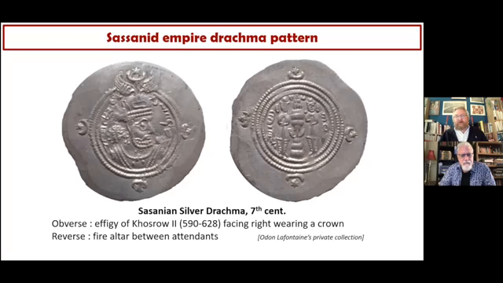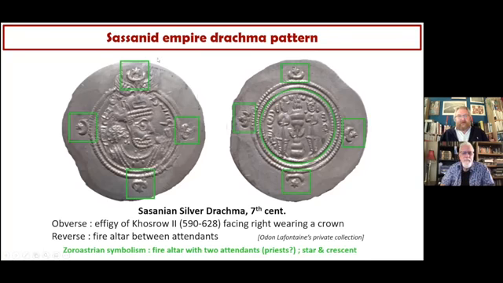And we see a very classical Sassanid Empire pattern that we will see thereafter, with a lot of Zoroastrian symbolics. We can see here, for example, the star and the crescent. The star and the crescents are, I think, symbols of the fire cult.